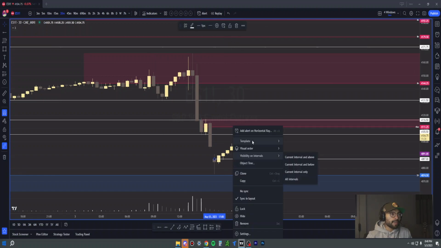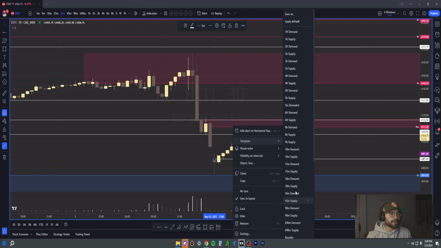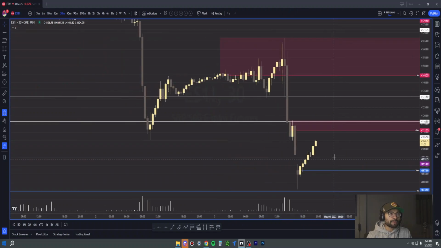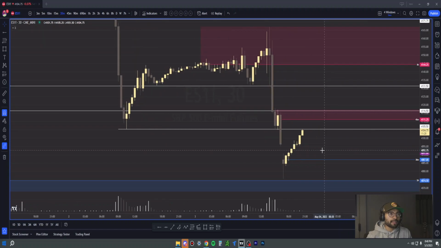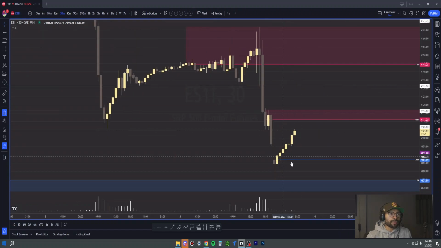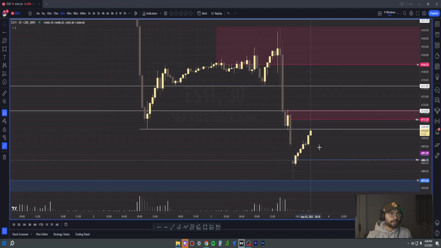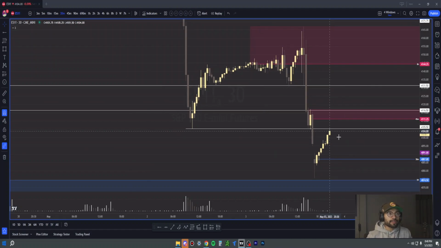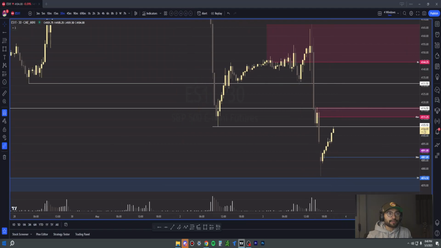So maybe I'll put this one on for tomorrow as a possible demand zone, but I'm not going to put too much emphasis on it, because the move down was so aggressive that I'm not sure if it will hold. Let's see. So yeah, you can see price already reacting to that level here.